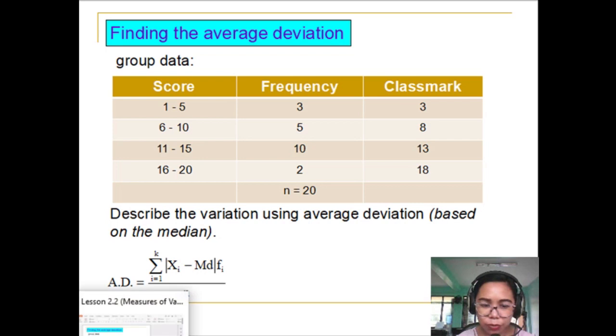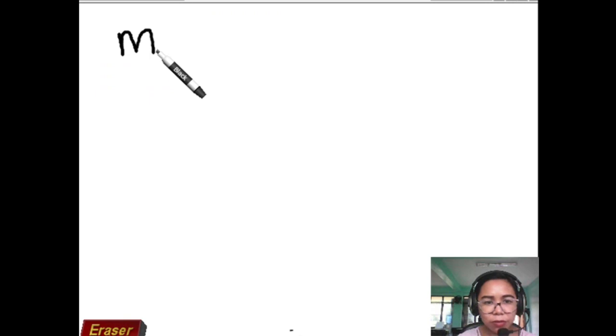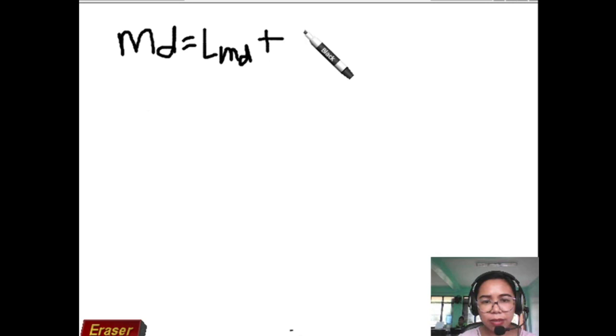In the median, we have to solve first for its median. Okay, recall the formula of the median. We have the lower class boundary of the median class, its class size.